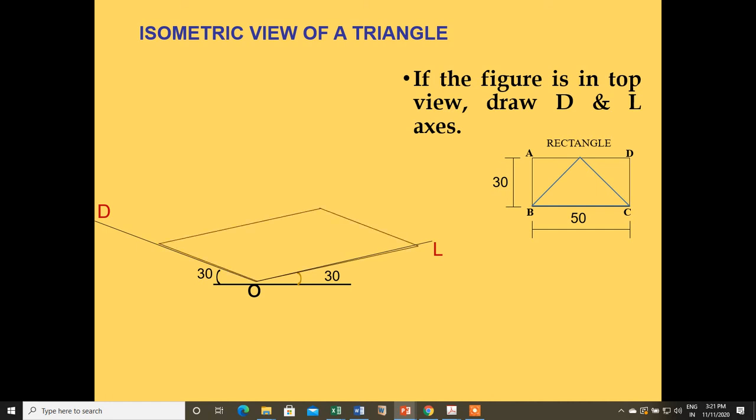This is the rectangle drawn with length 50 and depth 30 mm. Again mark the midpoint, then draw the horizontal line which indicates the base of the triangle of length 50 mm, and connect these two endpoints with the vertex of the triangle. So the triangle in isometric view will look like this. I hope you understood how to draw this triangle in isometric view from the given orthographic view.